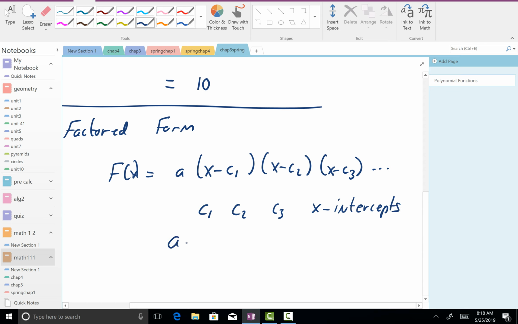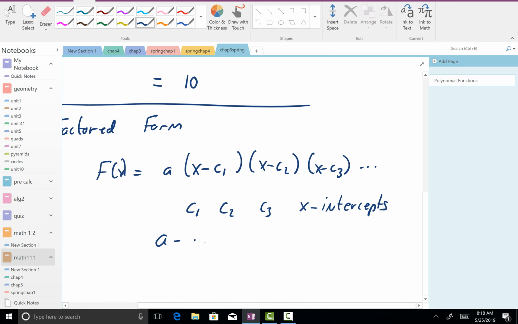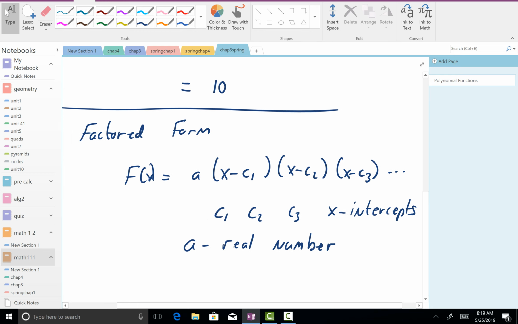And A is just some real number there. So that's the other form. So there's general form and then there's factored form. And to get from this form to this one, we just have to multiply all this stuff out, like FOIL it, or whatever you want to think about it.